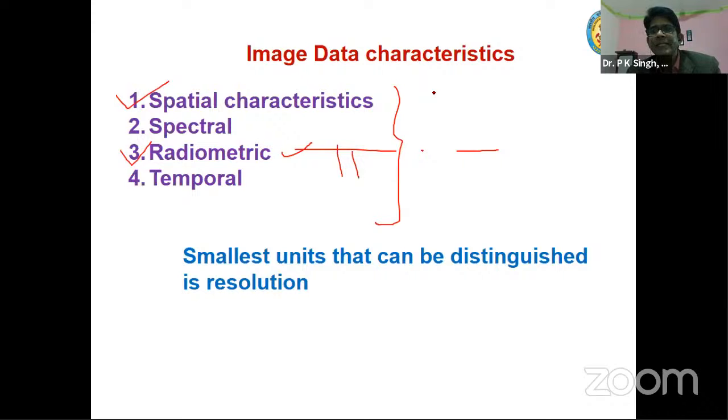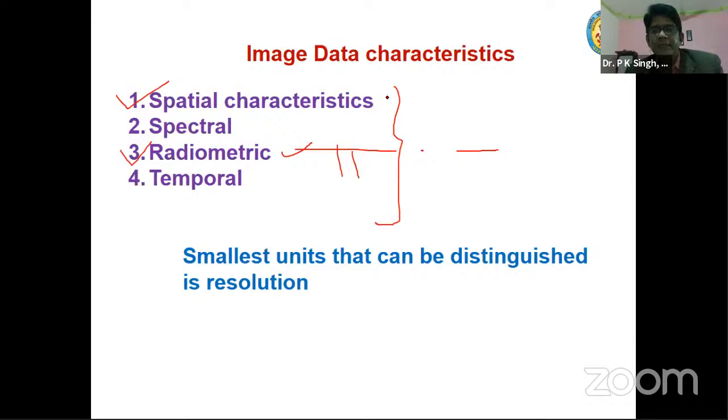So any objects within that 30 by 30, if smaller than that, you cannot differentiate between them. Had the spatial resolution been 10 meter, you could have differentiated those objects which are lying 10 meters away from each other. So spatial resolution means the ability to distinguish the smallest objects from each other. Most of the time it is 10 meter, 30 meter.